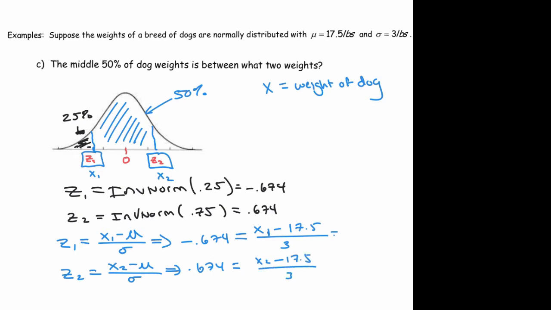Now let's just solve these both right now in one fell swoop. So I'm going to do negative 0.674 times 3 and then add 17.5 and I get 15.478.